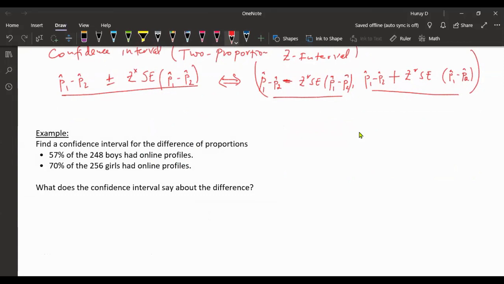This is about whether you have an online profile or not. 57% of the boys out of the total number of boys had online profiles, and 70% of the girls, and the total number of girls is 256, had online profiles.